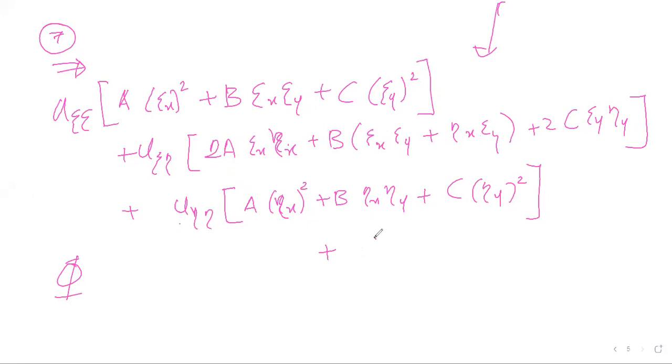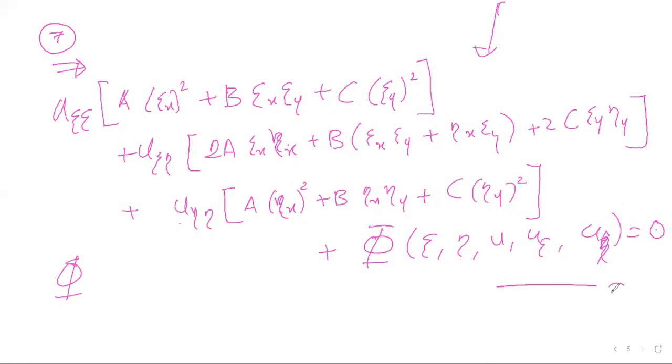I think pi can also change. No, it's not changing, let's keep it like this. So pi of zeta, eta, u zeta, u eta, equal to 0. This is our equation number 8. So I have only taken these variables.